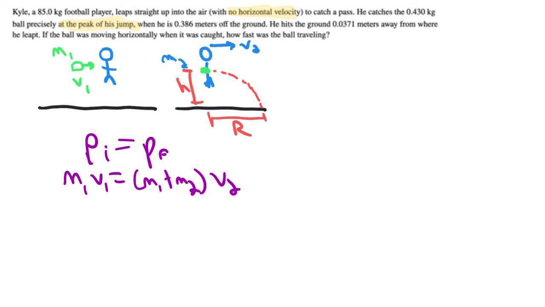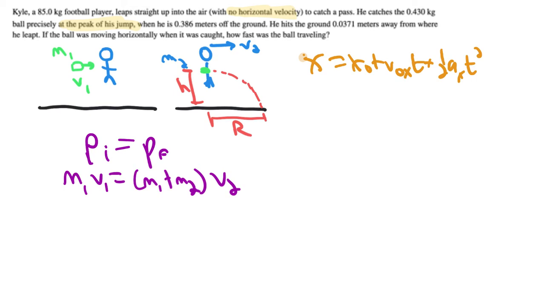After the collision, Kyle and the football travel as a projectile. And so we know that horizontal positions look like this: x is x0 plus v0x t plus 1/2 ax t squared.